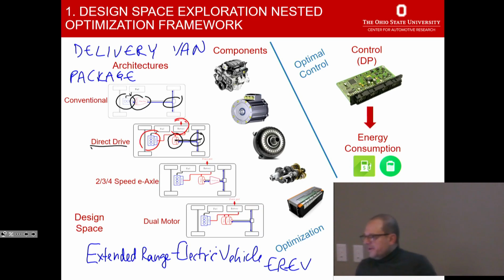And you say, well, do I have to do a direct drive? I could take advantage of a transmission of some kind so that I may be able to make my motor smaller because I can multiply its torque by way of an appropriately selected transmission.